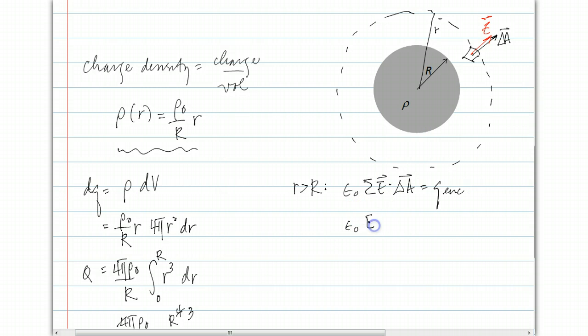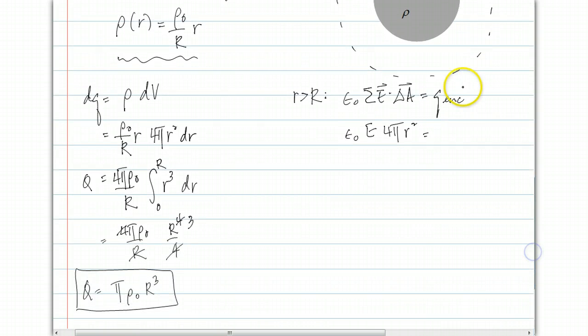Furthermore, E is constant everywhere on the Gaussian surface, so I pull that out of the summation sign, and I have the summation of delta A, which is 4 pi r squared, equals the charge contained inside the Gaussian surface, and that is pi rho naught R cubed. Pi's cancel.